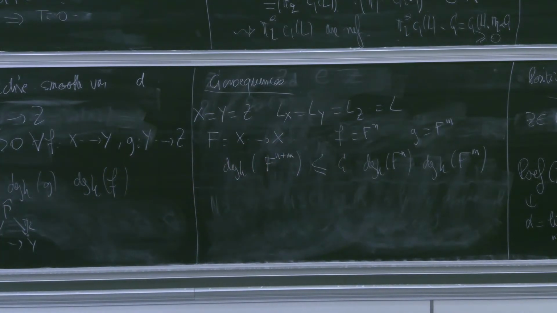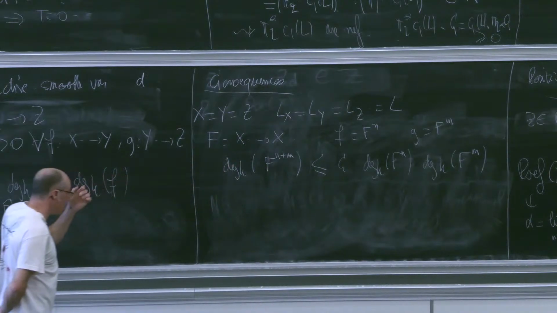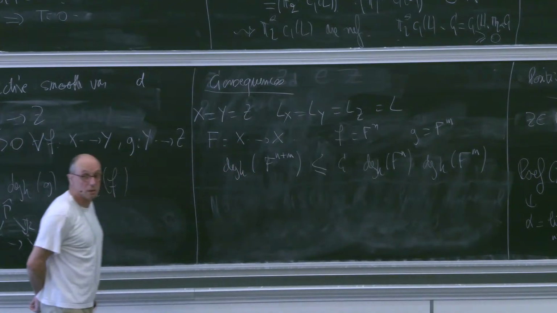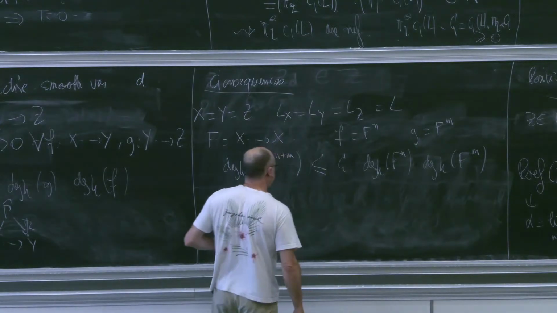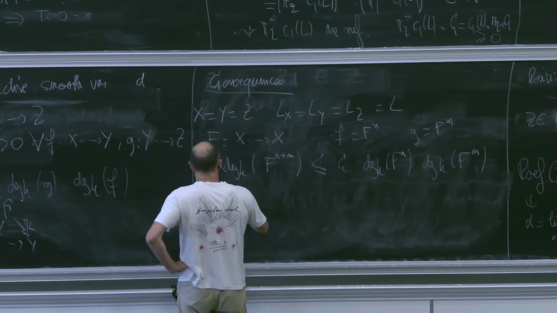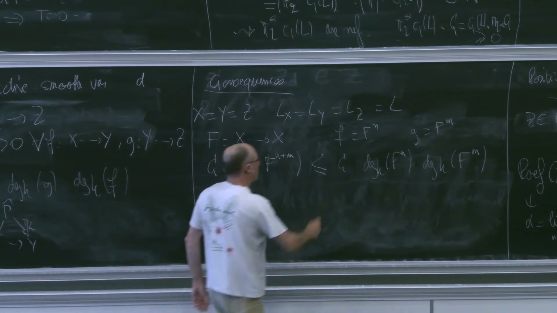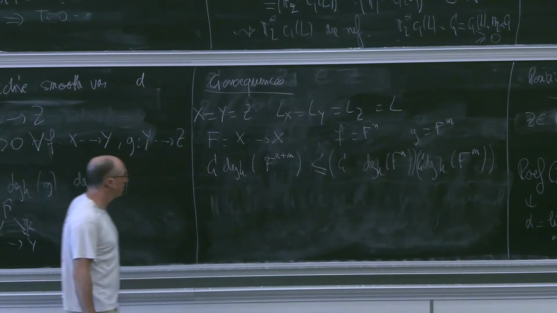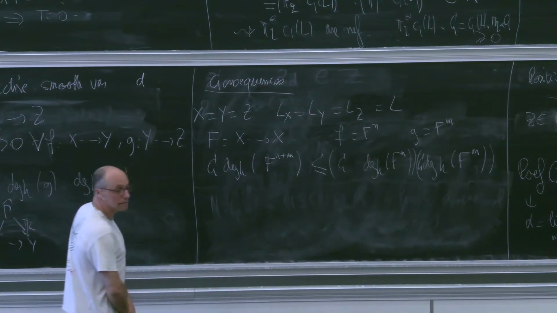You have some multiplicative error, but it's uniform. This constant c does not depend on the rational maps f and g, or on the iterates, the integers n and m. So you can multiply on both sides by c, and then this is submultiplicative.